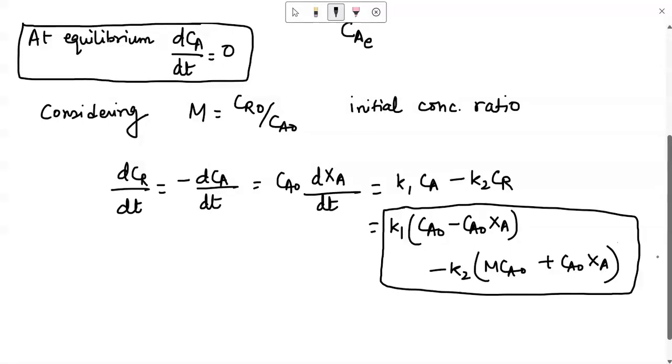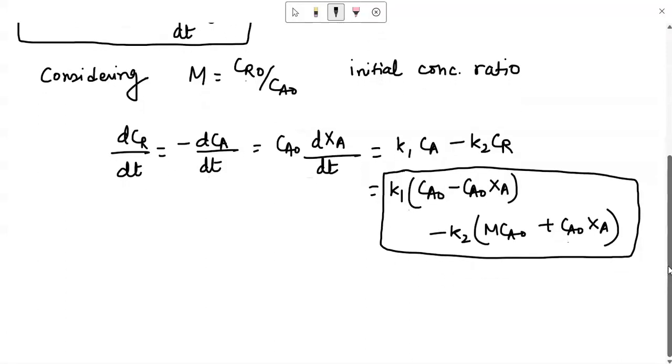Therefore we will find the fractional conversion of A. In a reversible reaction we cannot achieve complete conversion at all, but in this case we will consider the fractional conversion of A at the equilibrium conditions.